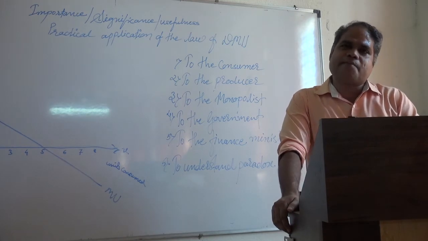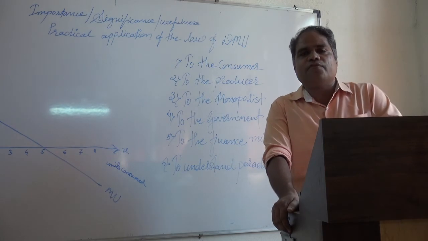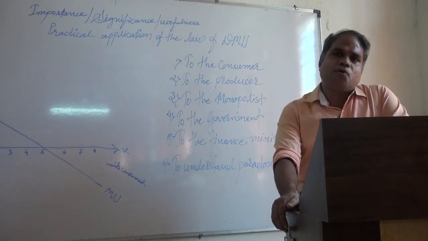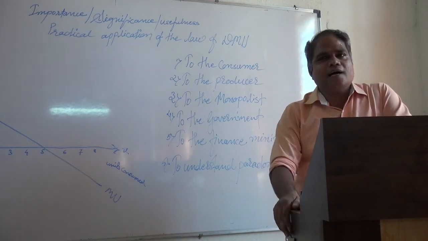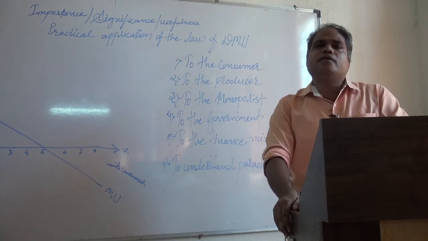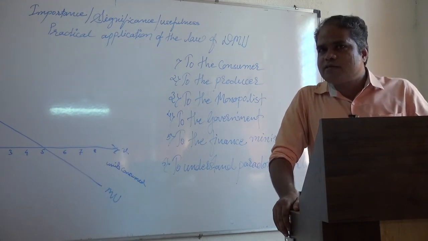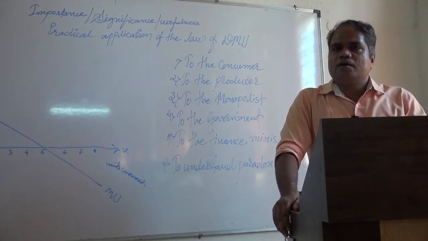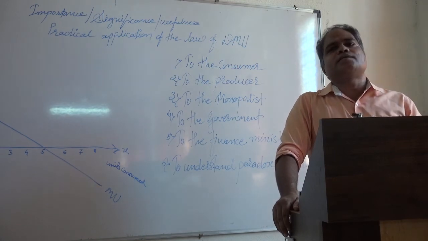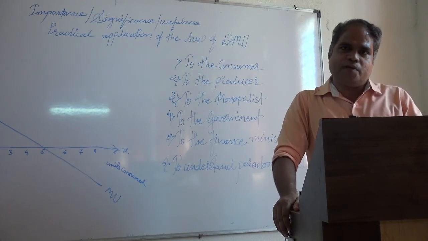And price discrimination means charging different prices to different consumers for the same product. So monopolists may charge different prices to different consumers. For example, monopolists charge a high price to the rich consumer, and for the same product monopolists can charge a low price to the poor consumer.